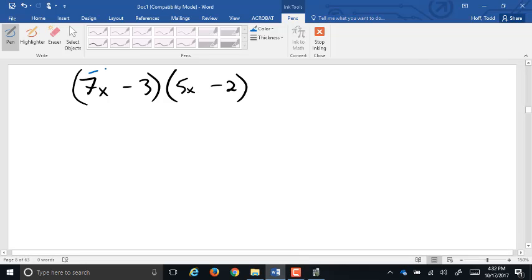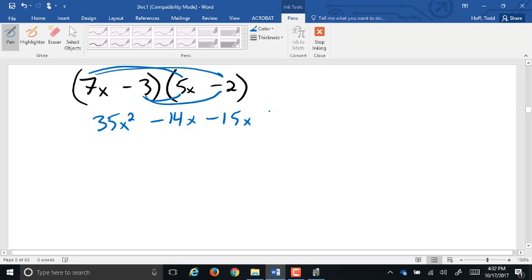So we'll do 7x times 5x is 35x squared. 7x times -2 is minus 14x. Then we go to -3 times 5x, minus 15x.